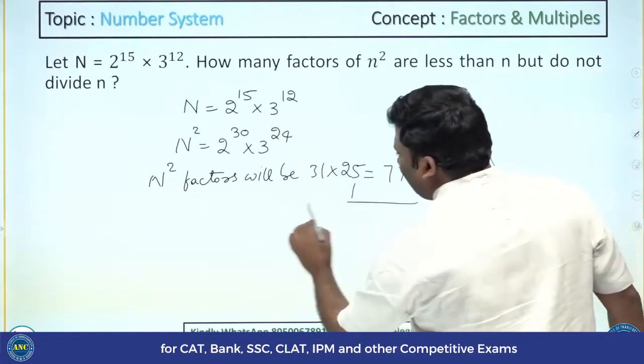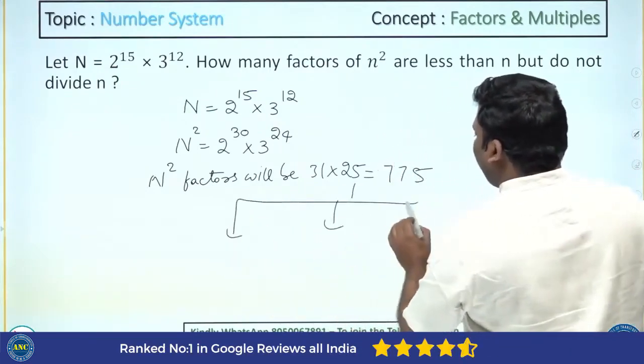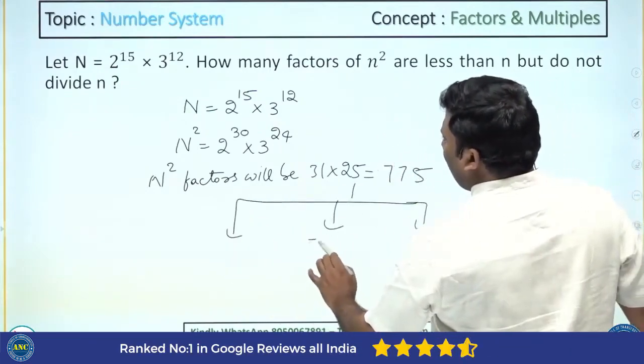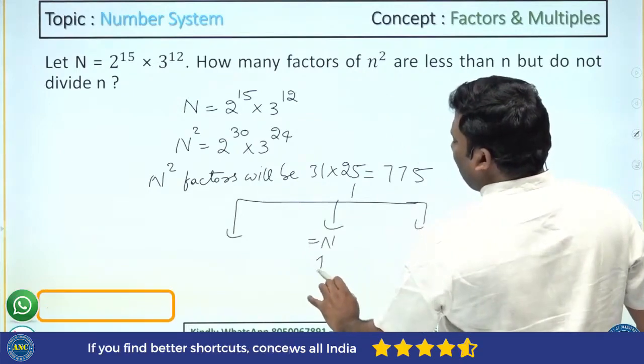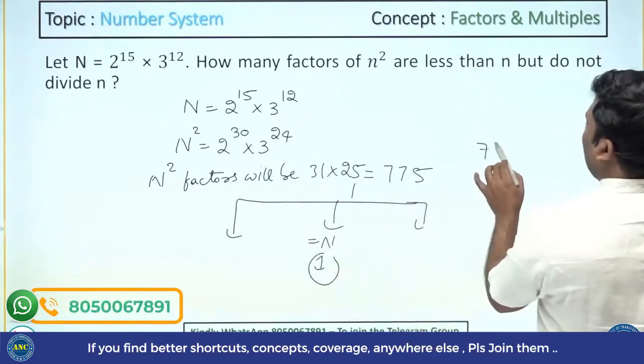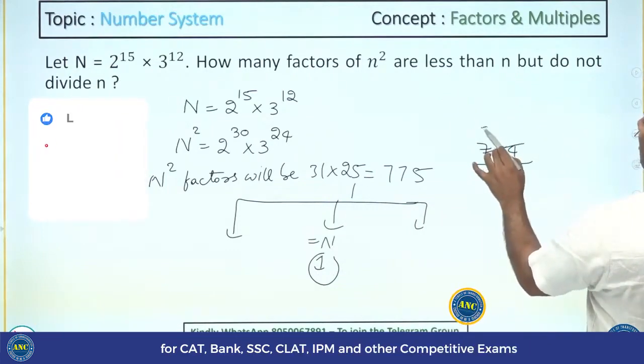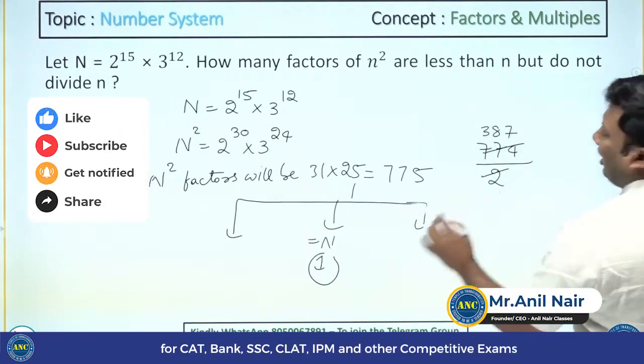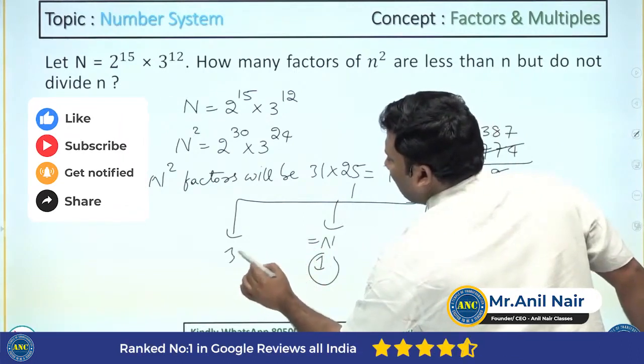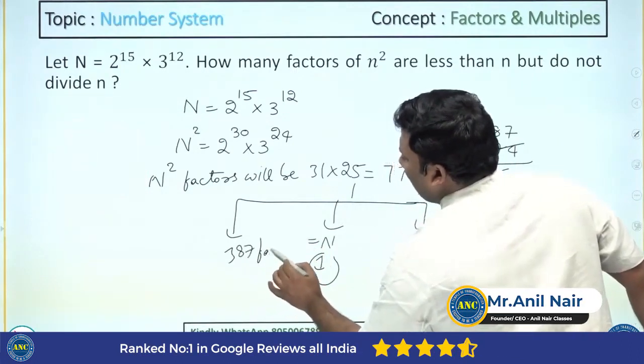In that 775, one factor will be equivalent to n. Remaining 774, less than n and greater than n. 774 by 2 is 387. 387 factors are less than n.